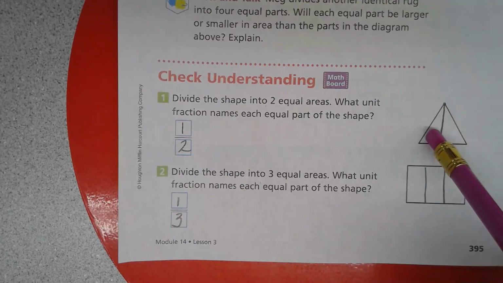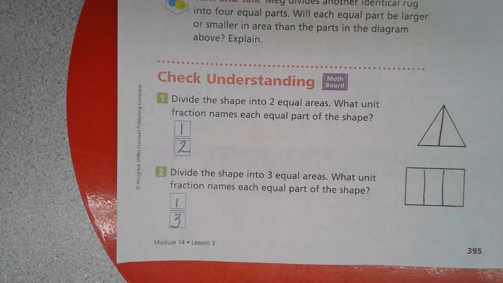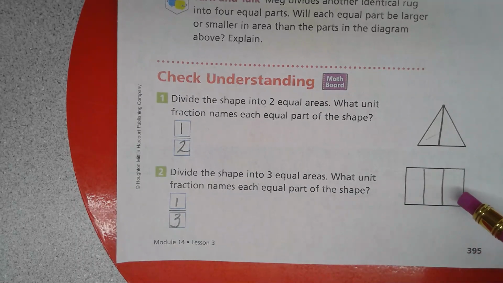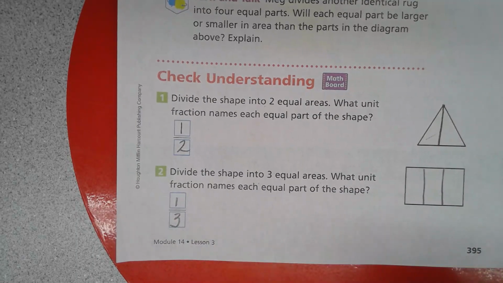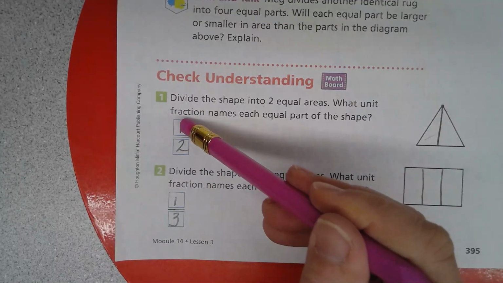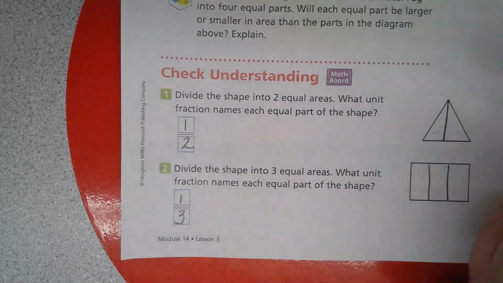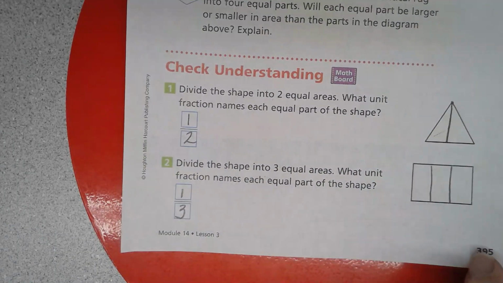So we're talking about 1 out of 2, so that's 1/2. Then if you take this rectangle, divide it into 3 equal parts, you're talking about 1 of 3, so that's 1/3. Remember, unit fraction has what as the numerator? That's right, a 1 in the numerator. Okay, turn the page. Let's look at the back side.